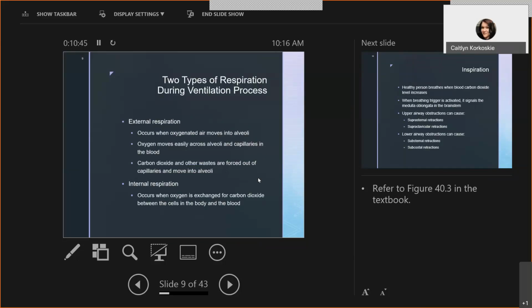That's where the blood goes and takes the oxygen and moves it back into the heart. And then internal respiration occurs when oxygen is exchanged for carbon dioxide between the cells in the body and the blood, getting rid of what the body does not need.